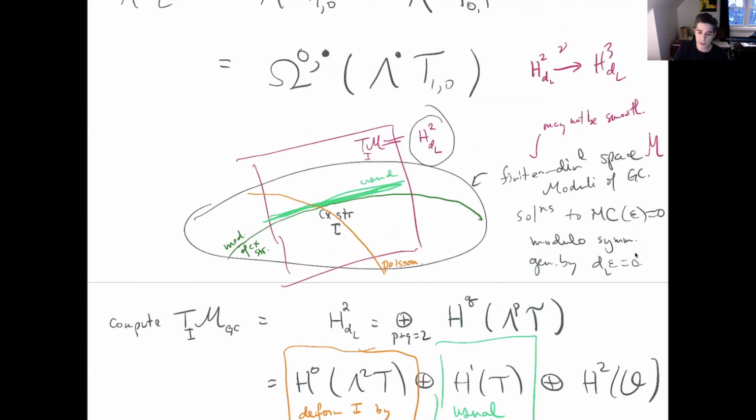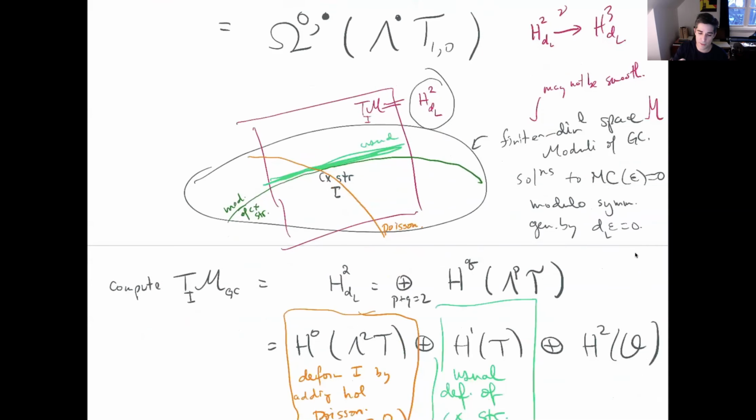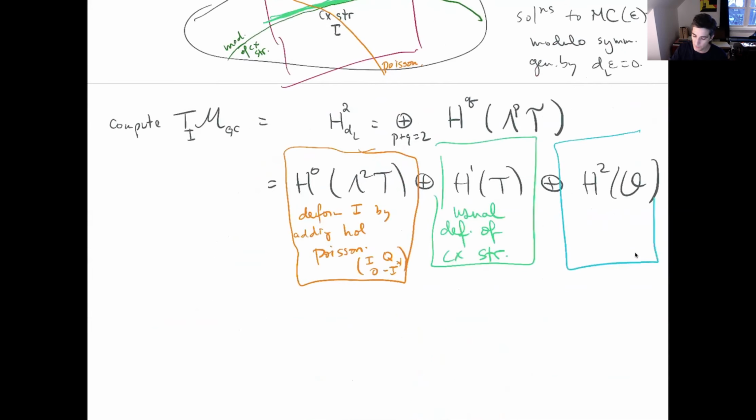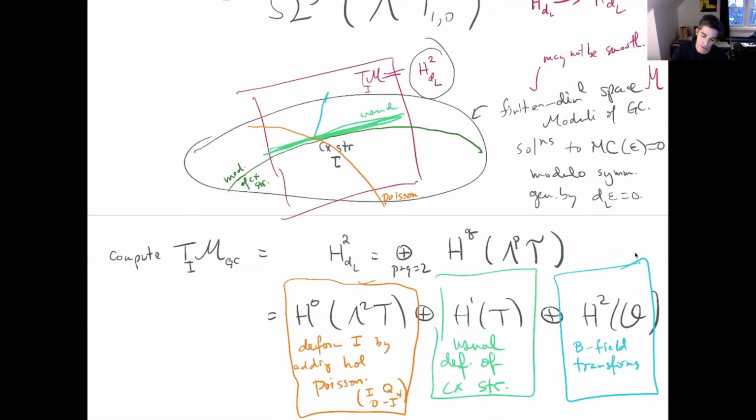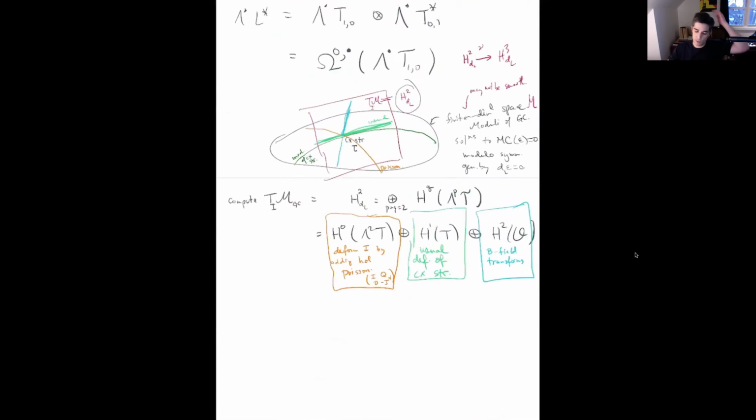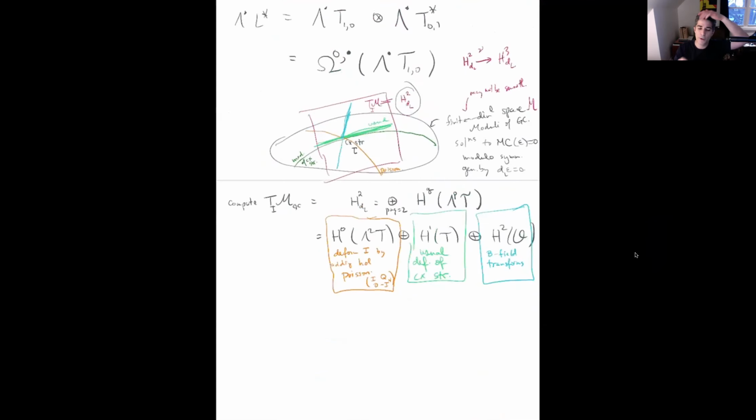Okay, and finally, there's this other third part, which are called the B-field transforms. Okay, and so there's some other direction here where the complex manifold can be deformed by basically conjugating by a B-field.